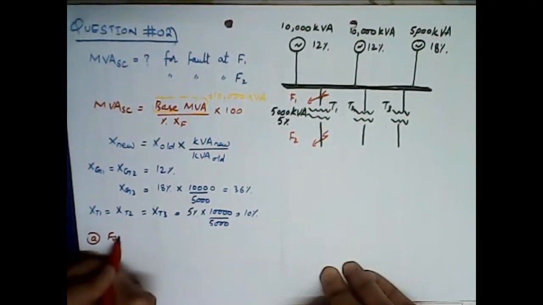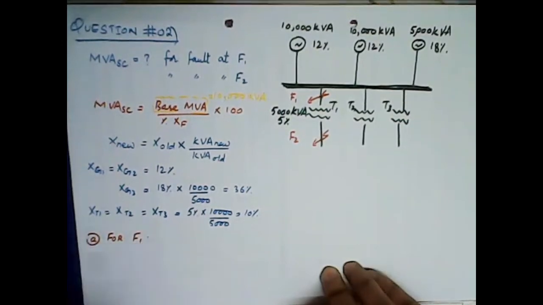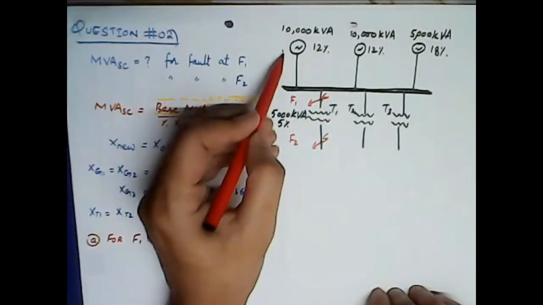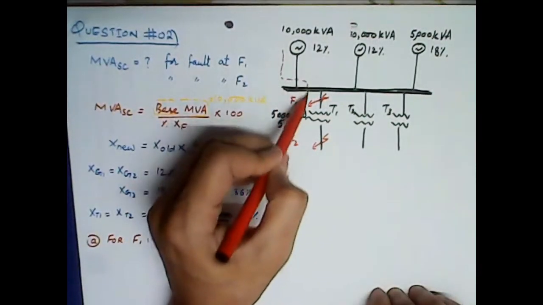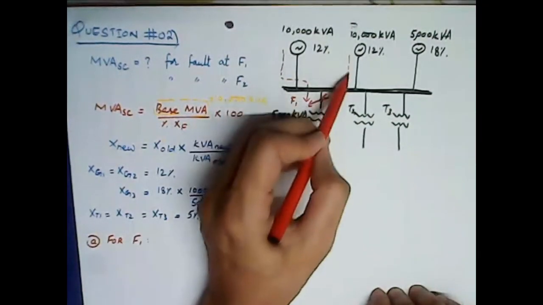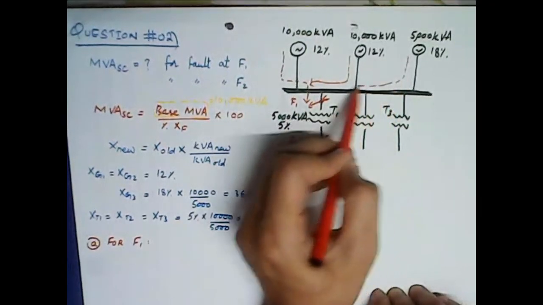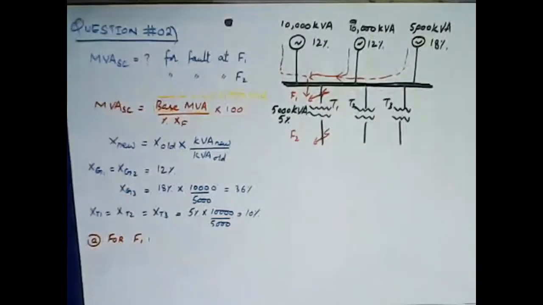Now for F1, let's draw the equivalent circuit. If a fault occurs at F1, all the current will be flowing from generator 1 to F1, generator 2 to this point, and from generator 3 to this point, right?